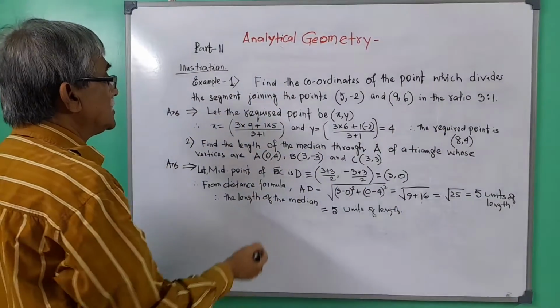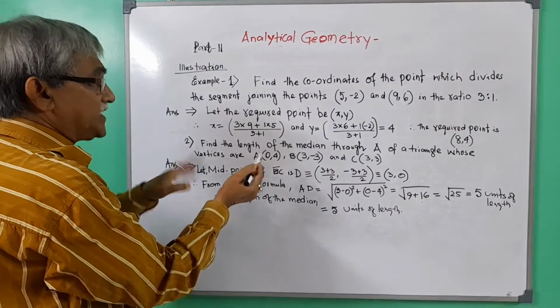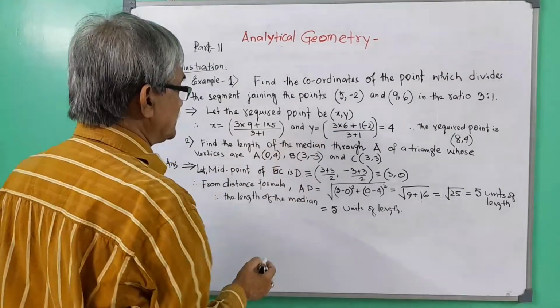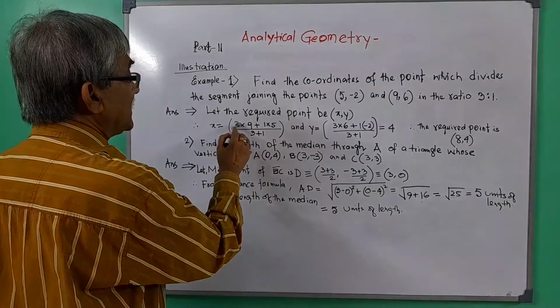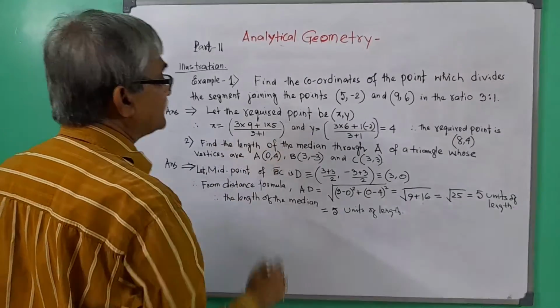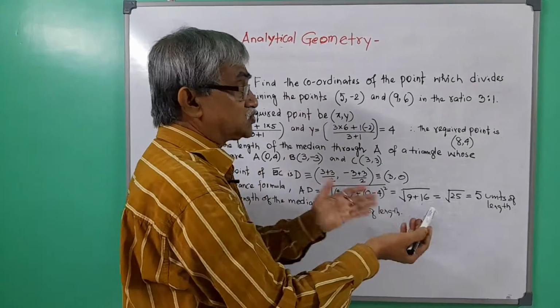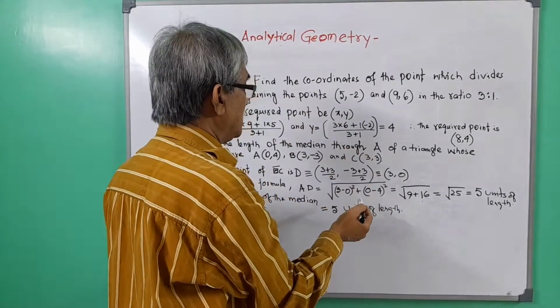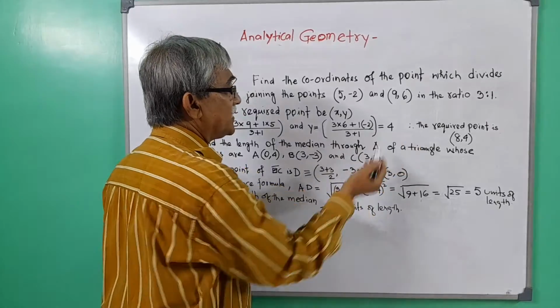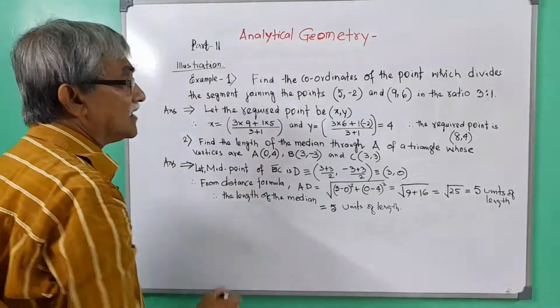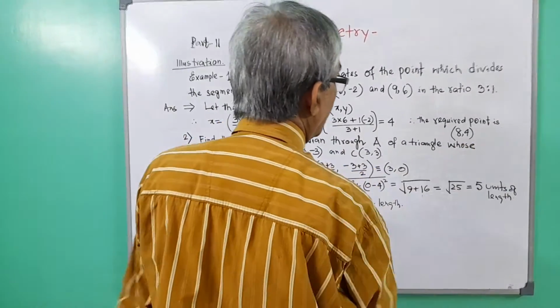So let the required point be x, y. Therefore x is equal to (mx2 plus nx1) by (m plus n) and y is equal to (my2 plus ny1) by (m plus n). So x comes to 8 and y comes to 4. Therefore the required point is (8, 4).